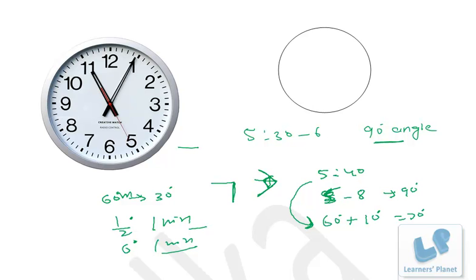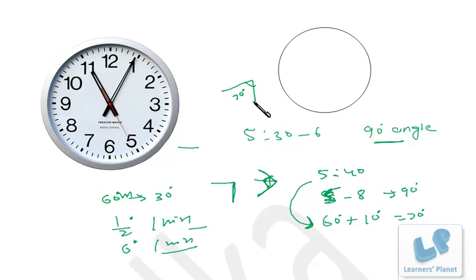Okay, now at 5:40, the situation is that the angle between them is 70°. The situation is something like this. This angle is 70°, but we want it to be 90°. So to make it 90°, both the hands have to be in a moving position. Now if the minute hand moves, the hour hand will also move. Obviously, it's not that the hour hand is stopped and only the minute hand is moving to make the angle 20° more.